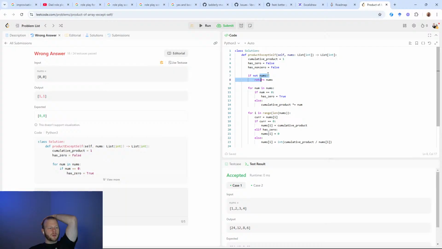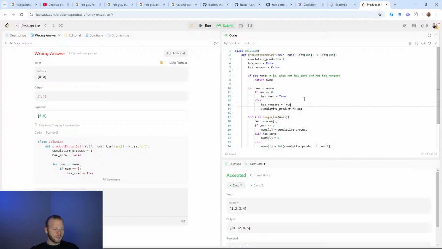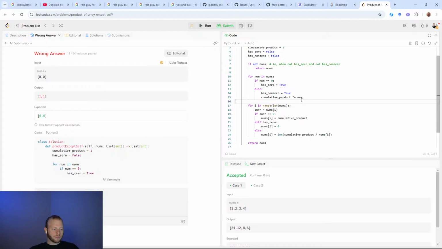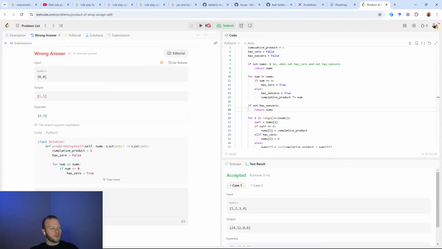So this will handle the case when they're both false. Now I'm guaranteed to have one of them. But I can skip all that stuff if not has non-zero. If not has non-zero, then I should be able to return nums, I think. It'll just be a list of zeros.